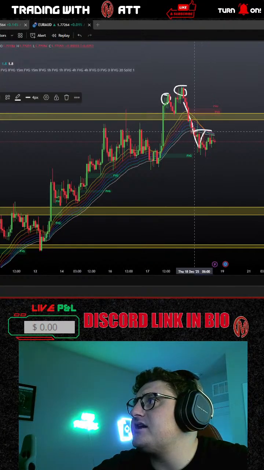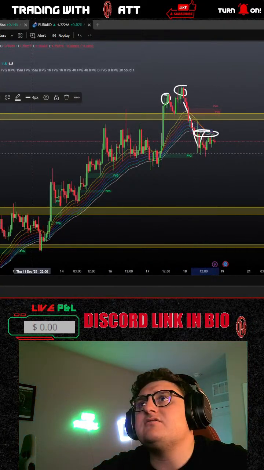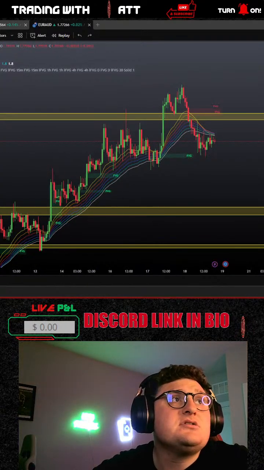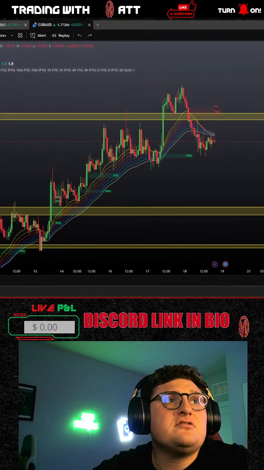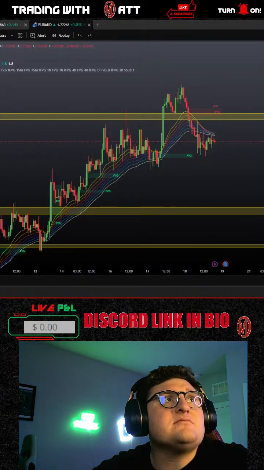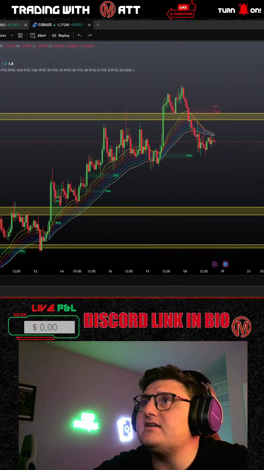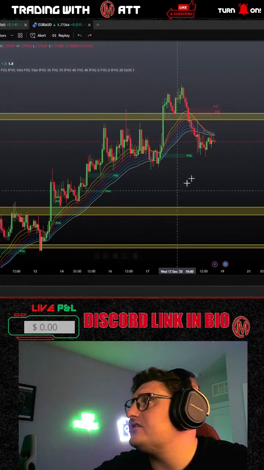Kind of tried to redirect here, and now is using this EMA ribbon as a pretty strong resistance point. So this is something that we could look to take sells on. Certainly a possibility. But we won't know for a little bit here until we get a little bit more volume and as time goes on here as we get a new 15-minute candle.